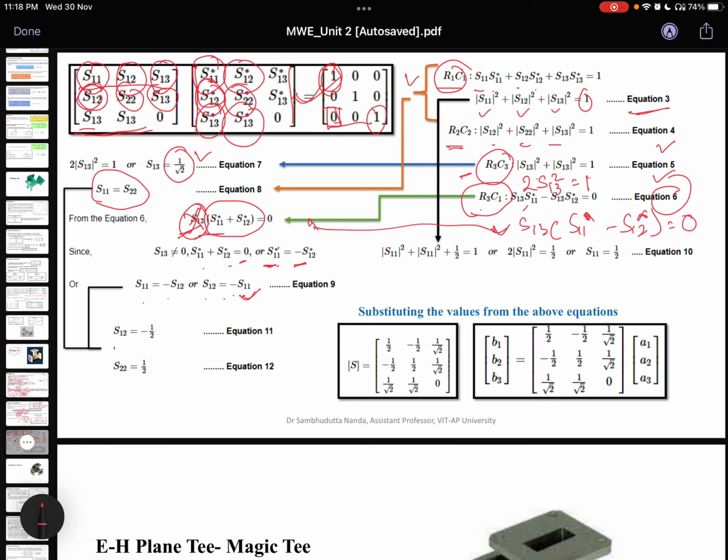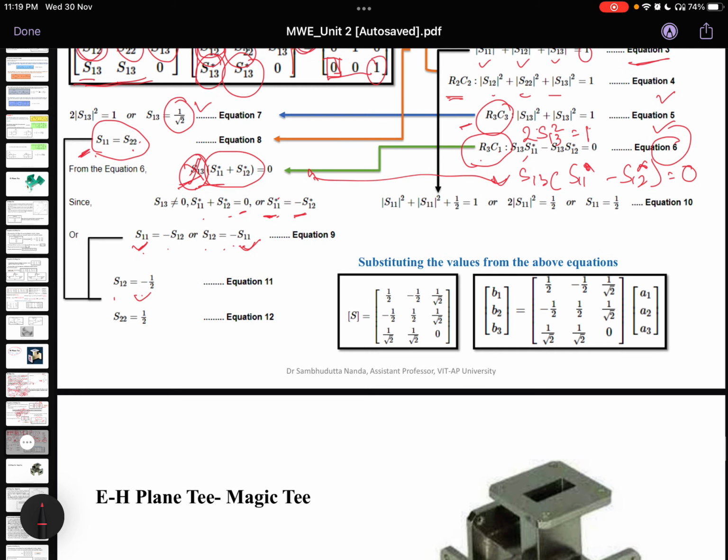So here you see S11 and S12 are the same. So from this equation, S11 equals S22, and your S12 value will be what? Minus 1 by 2.